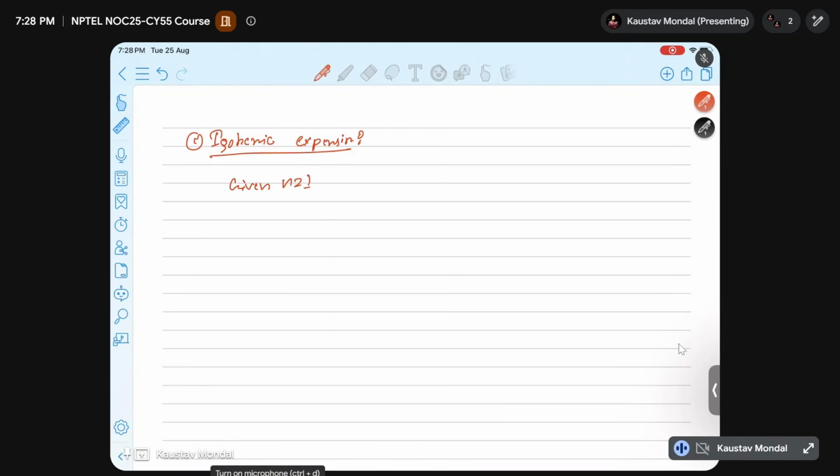at n equal to 1 mole, P remains constant since it's isobaric, volume changes from 5 liter to 20 liter for a monoatomic ideal gas.